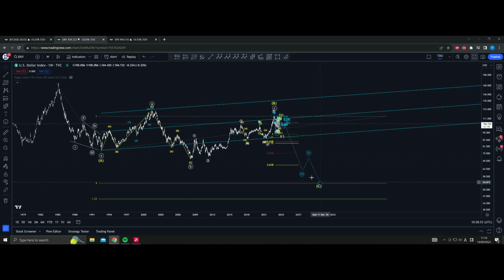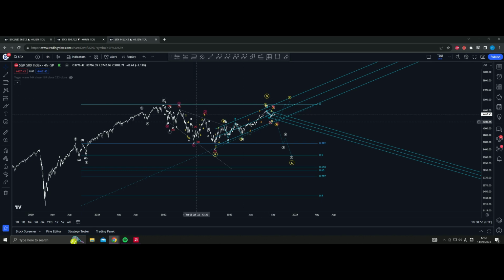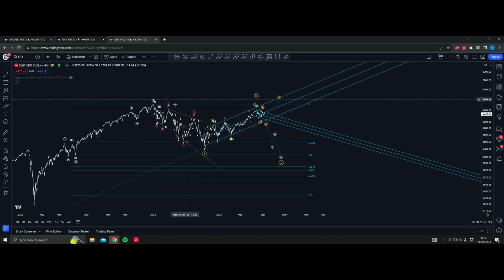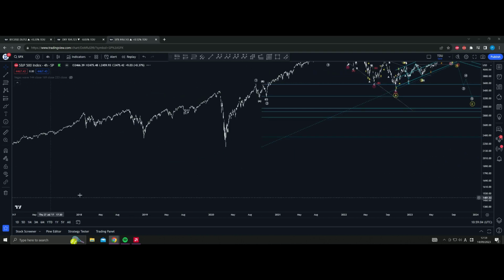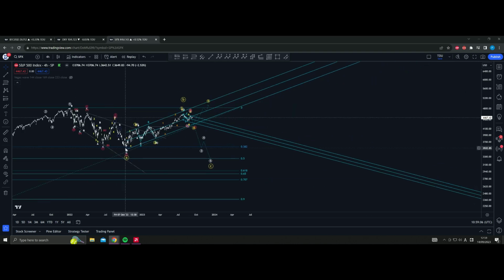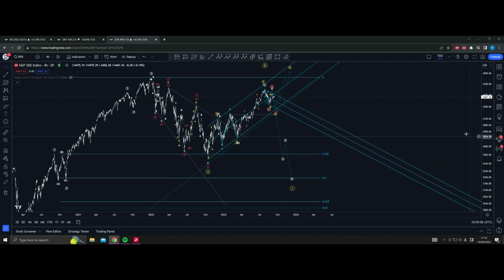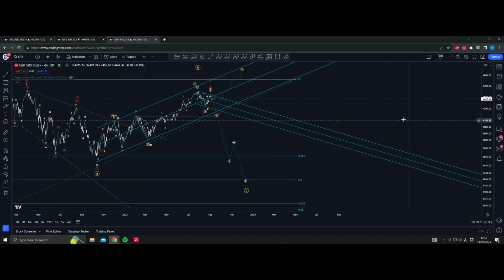But I think it's gonna go lower. All right, and the SPX in the end, still larger bias would be that we're tanking. So either we're correcting this wave or we're correcting the whole history. I'm gonna focus on the current move.